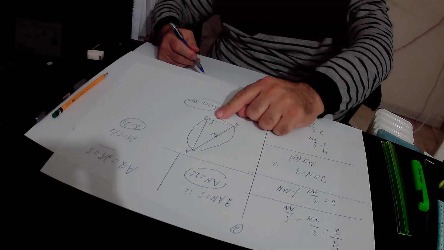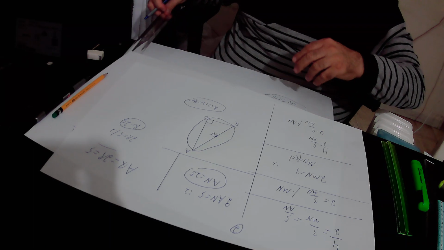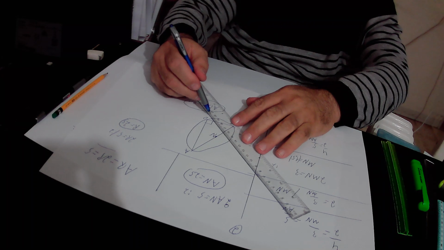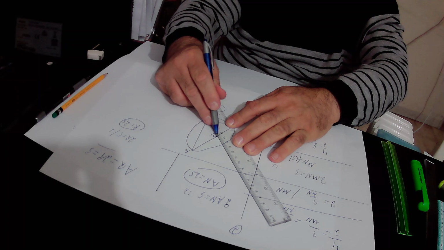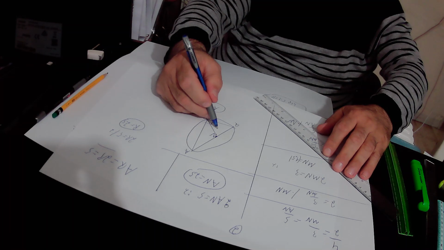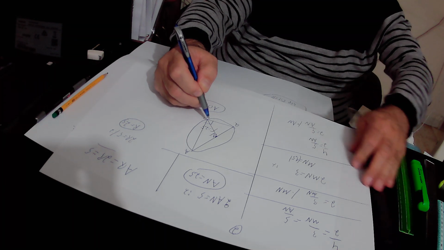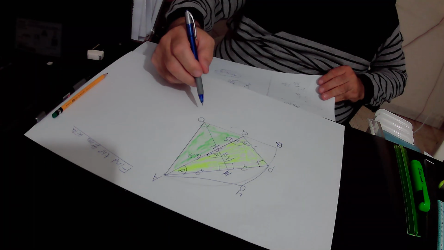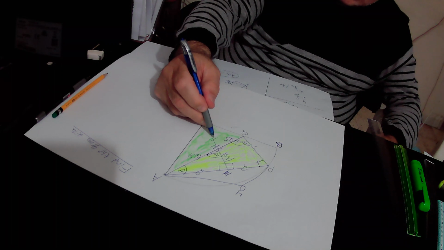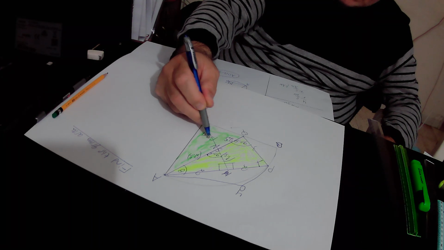Point O is a point on the circle itself. This is exactly the definition of a radius. Therefore, NO is the radius of the circle, which is equal to 2.5 units. We already found that the radius of this circle equals 2.5 units.